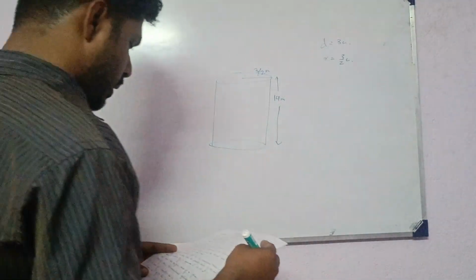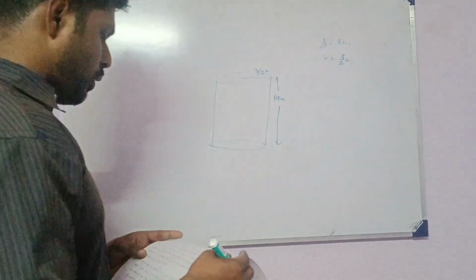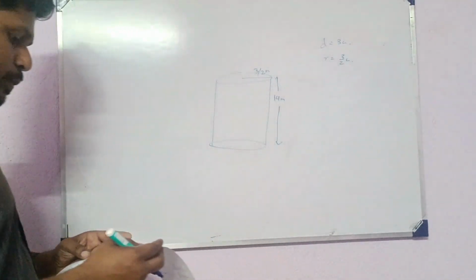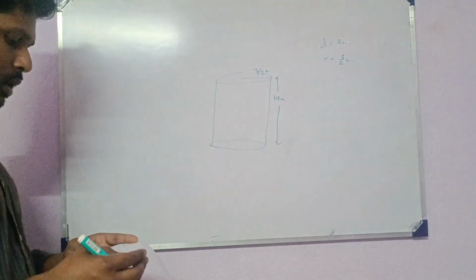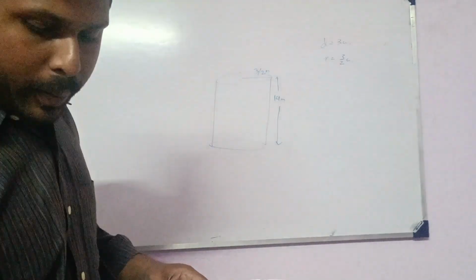So that is 14 meter deep, and the earth taken out of it has been spread evenly all around the well to a width 4 meter to form an embankment.